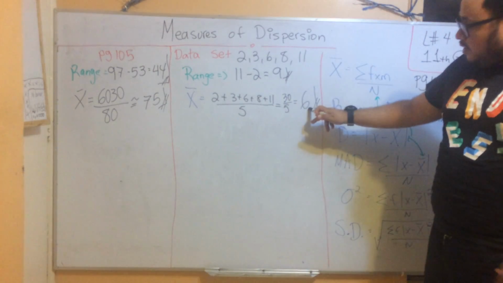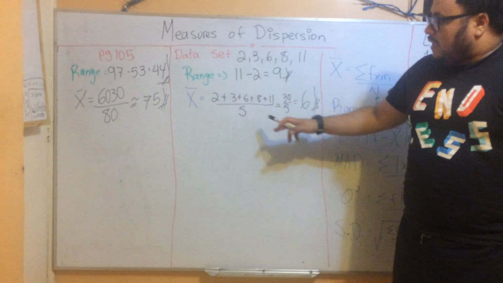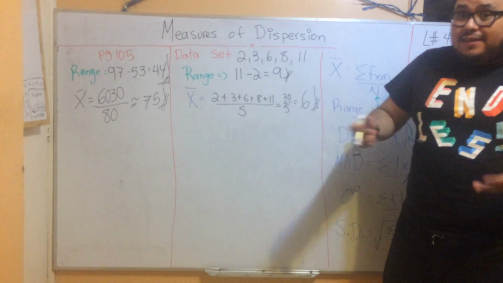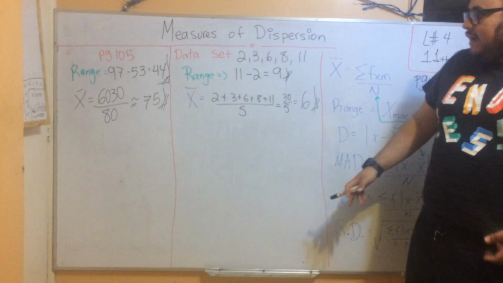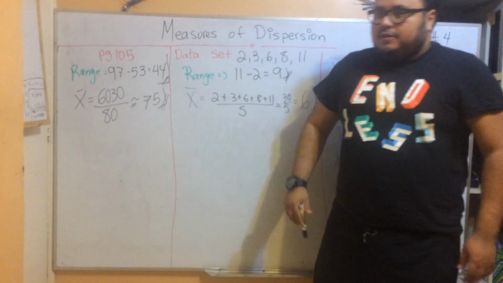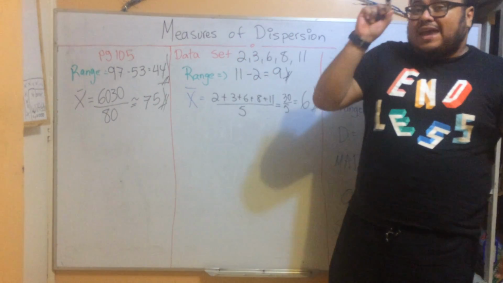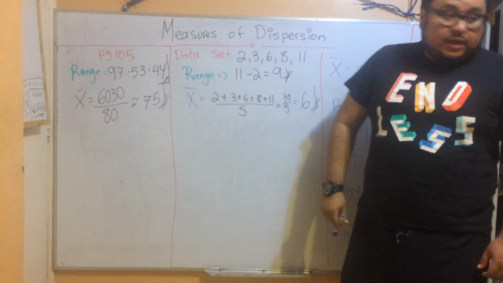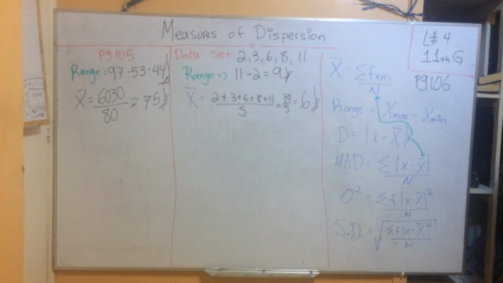We need this number, which is the mean, the addition of all of the numbers in a group of data divided by the actual number of data. The same thing here. From page 105, if we add all of the scores, it gives us 6,030, and we actually have it in one of the tables.